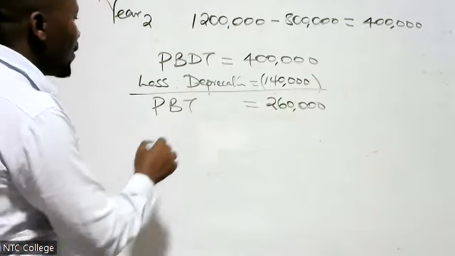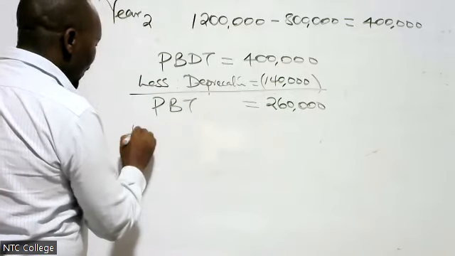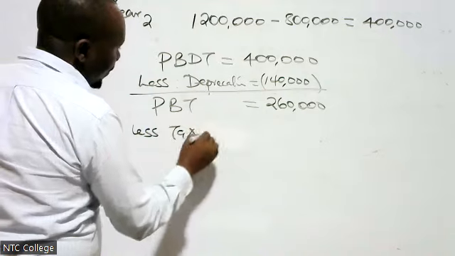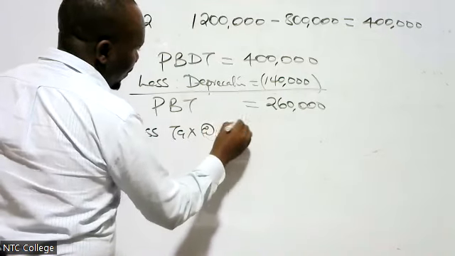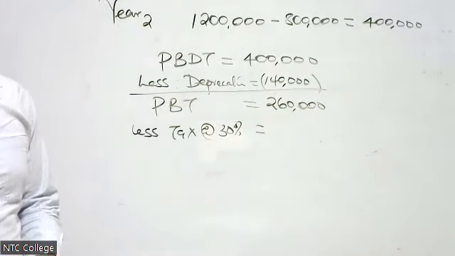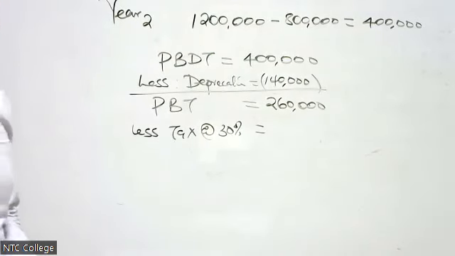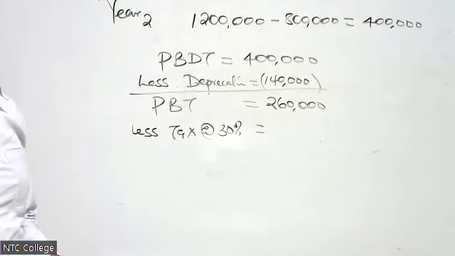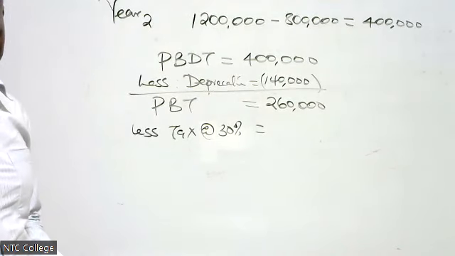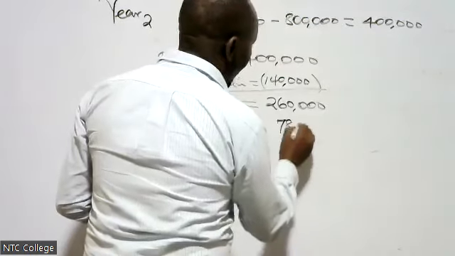And then we have, confirmed that is the correct figure, we now have less tax at 30%. 30% of 260 is how much? 78,000.